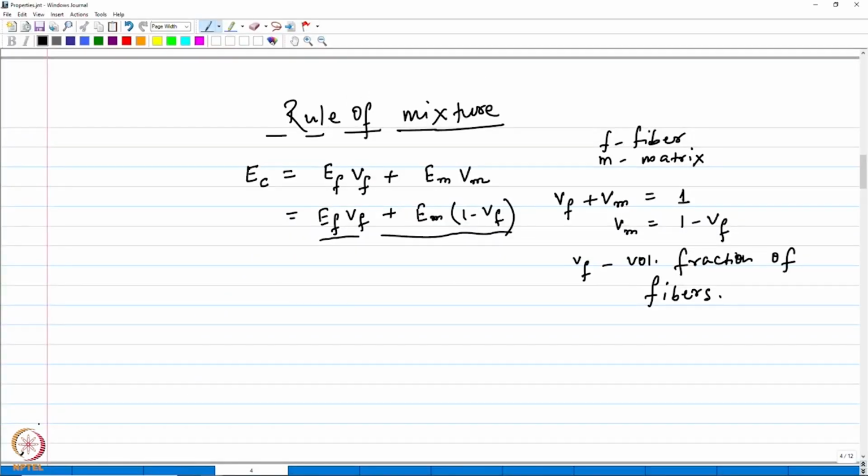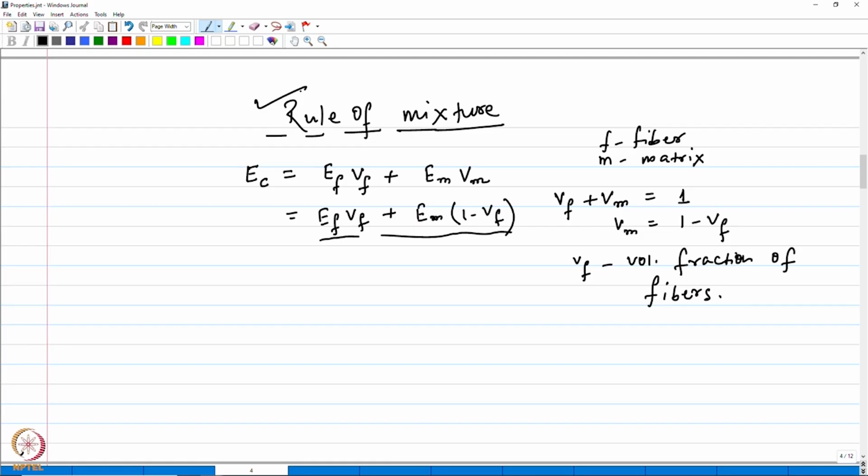Okay. So, the rule of mixture, as we have discussed, basically gives the weighted average of the properties of the individual constituents to give an estimated property for the composite with a given set of constituents, in which we have a metallic matrix in this case and a reinforcement.